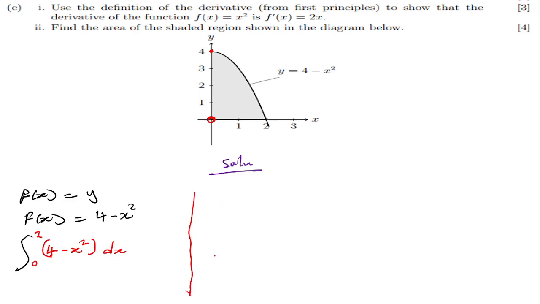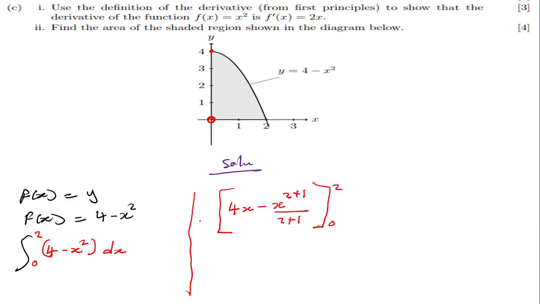Then from there you can easily integrate that guy. So this integration will be replaced by those brackets. When you're integrating a constant number, it will surely just have an x there. So it's going to be 4x. Then minus, x to the power 2 plus 1, over 2 plus 1. And then you put your limits, 2 and 0.